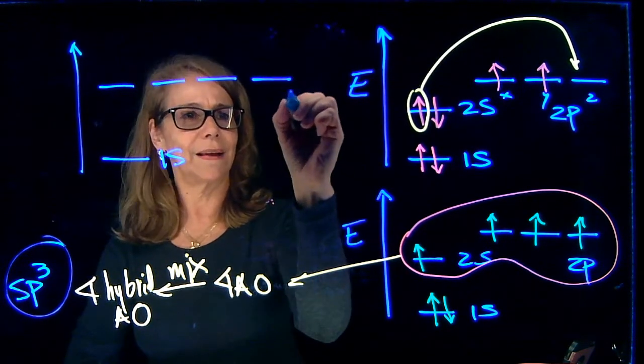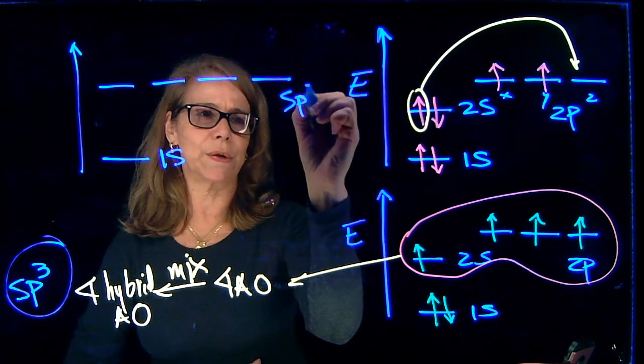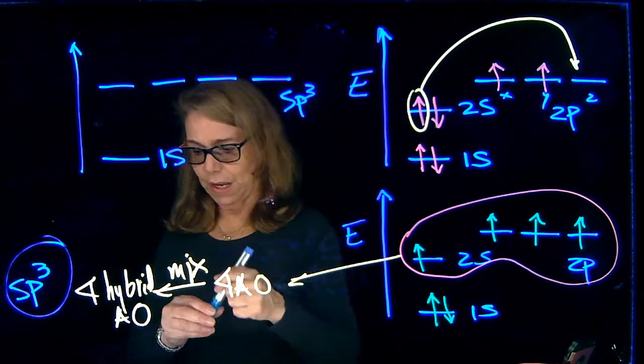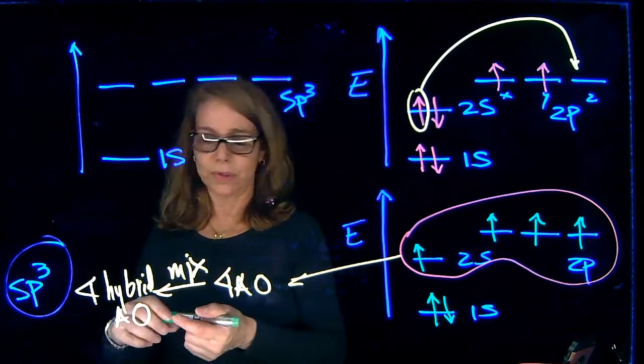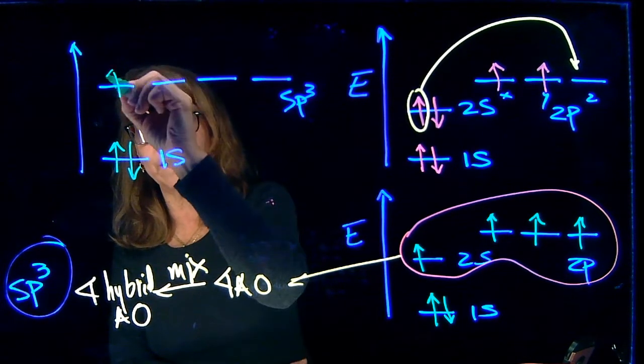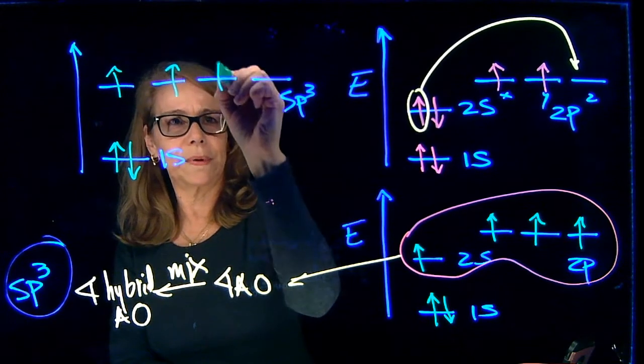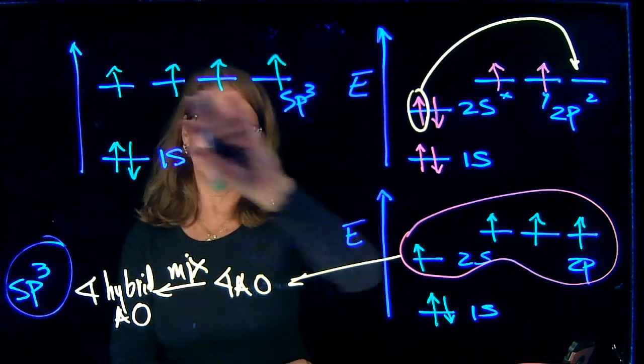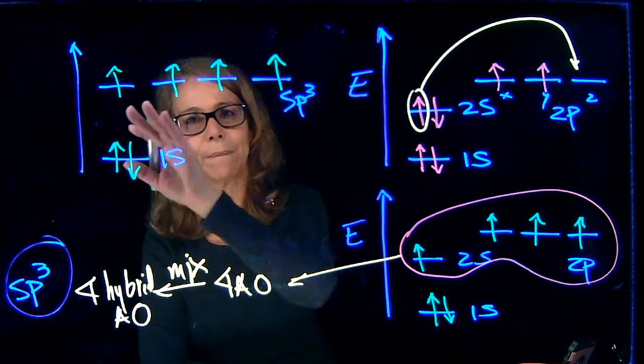These are the 4 sp3 orbitals. And now when I put my electrons, I have 1, 2, and then 4 orbitals here that are half full, so unpaired electrons.